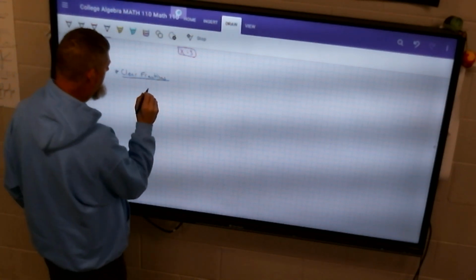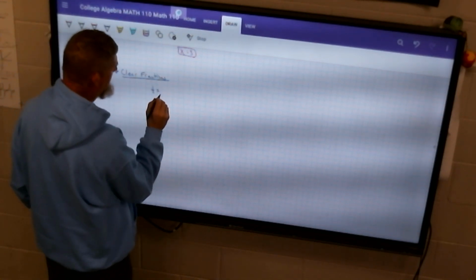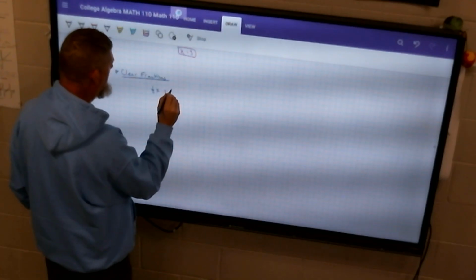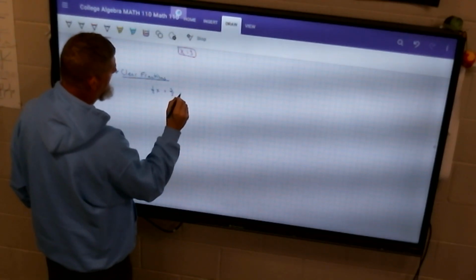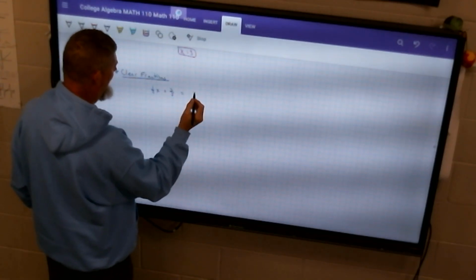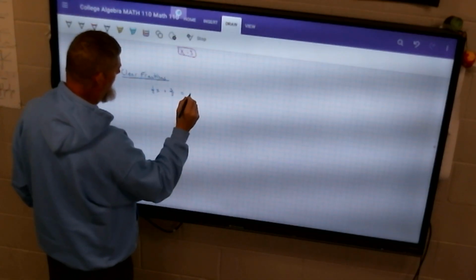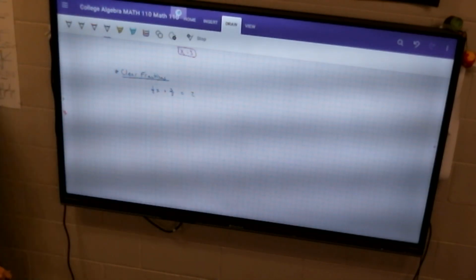So let's say I have 1/2 x plus 3/5 equals something like 2. 1/2 x plus 3/5 equals 2. My answer is probably going to be some ugly fraction.